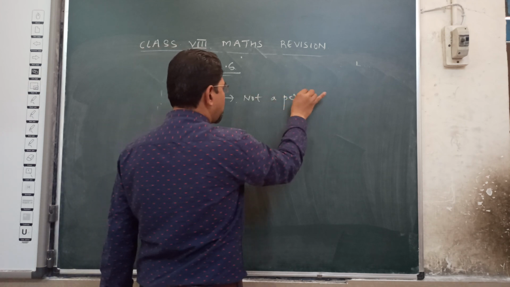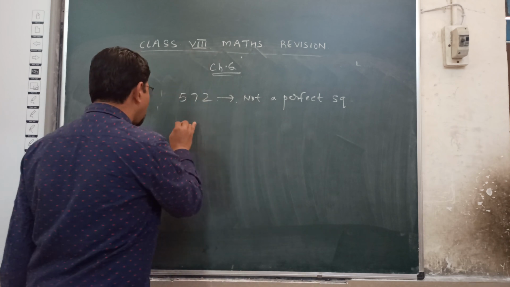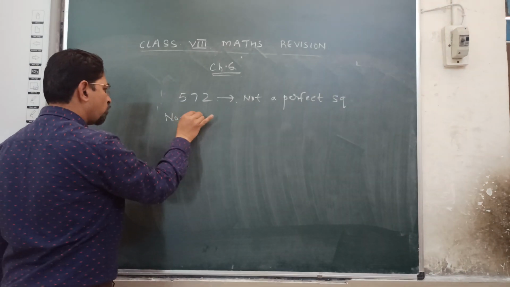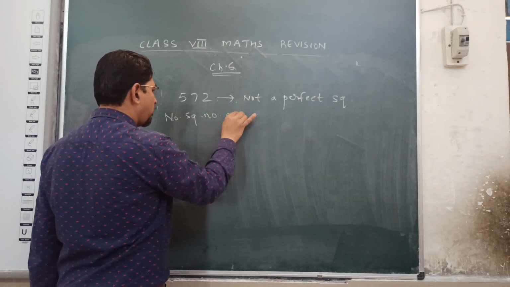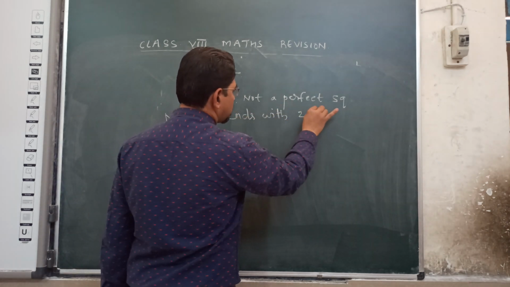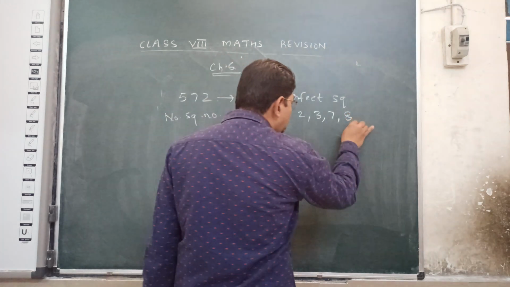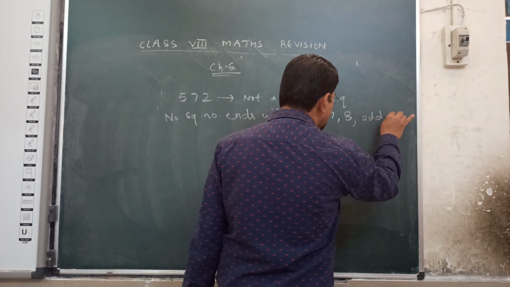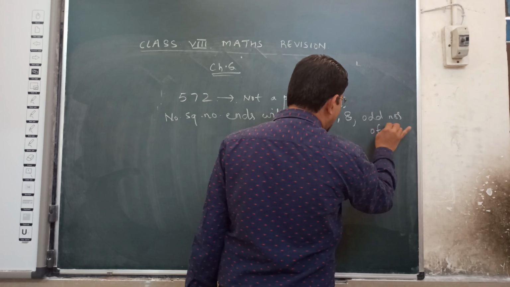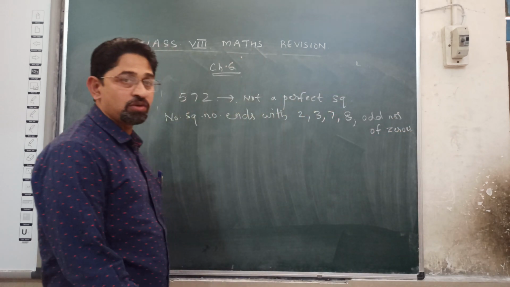It is not a perfect square because no square number ends with 2, 3, 7 or 8, and also odd number of zeros. You cannot have a perfect square with an odd number of zeros at the end.